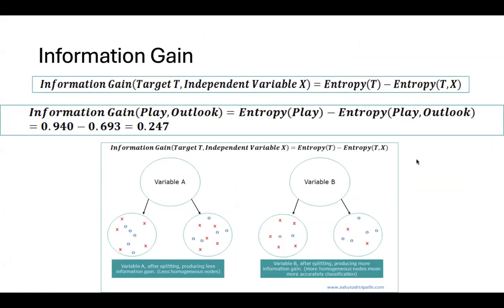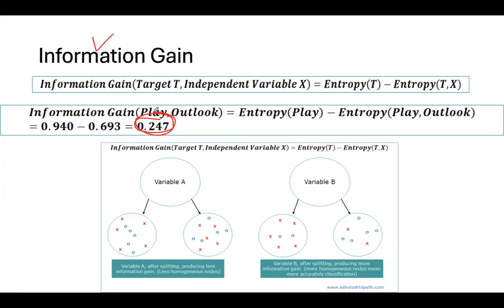So the information gain for outlook is 0.247. That means you have reduced the entropy to 0.693, and the reduction in entropy is 0.247 for the outlook variable.